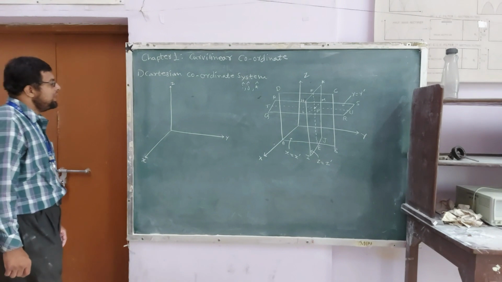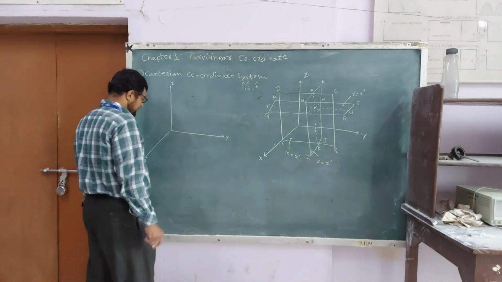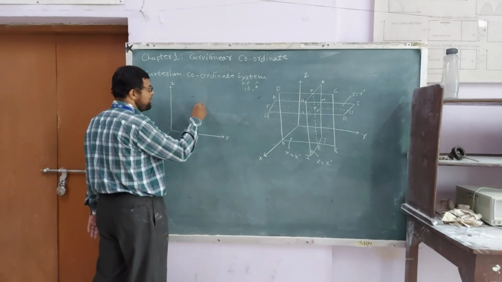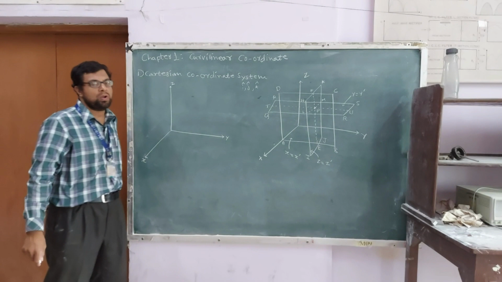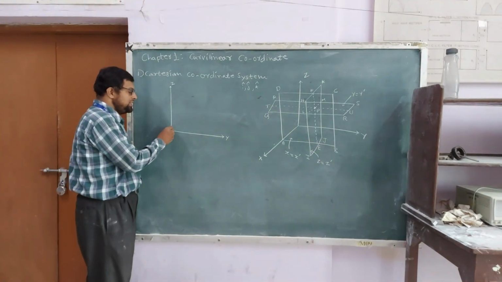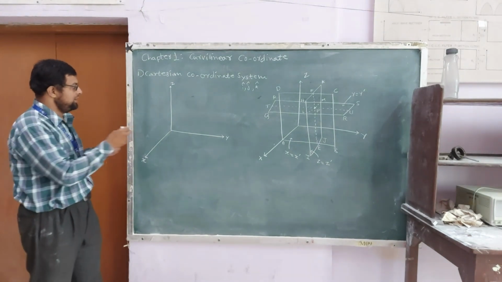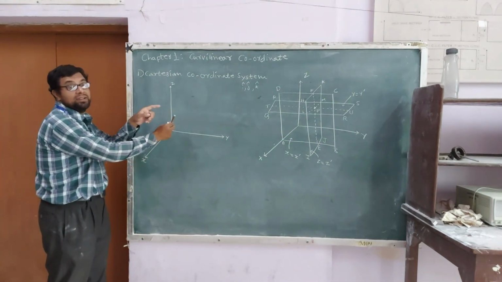Now if I want to specify a particle, say I will consider some particle somewhere here. Of course I will draw it on the board because we don't have a 3-dimensional space available here. So this particle will be somewhere like this. Okay.